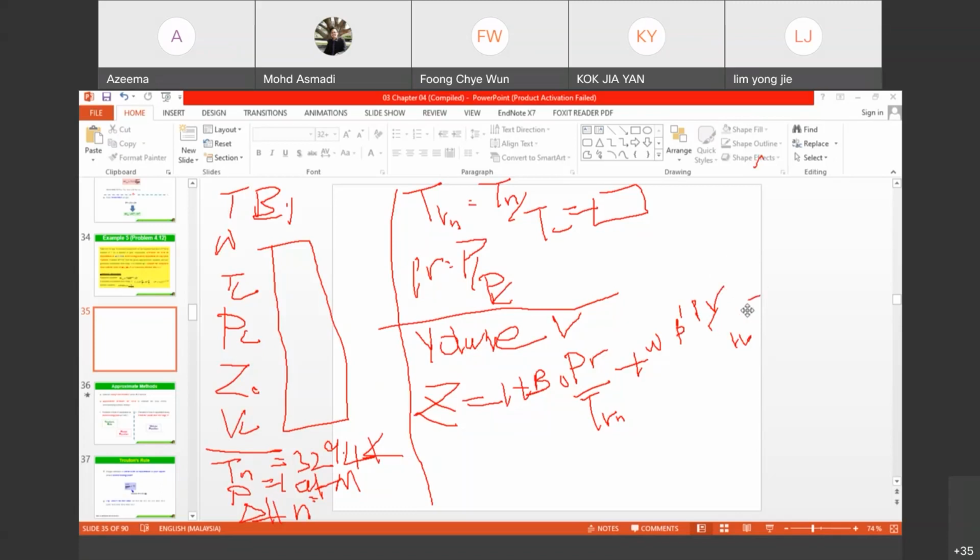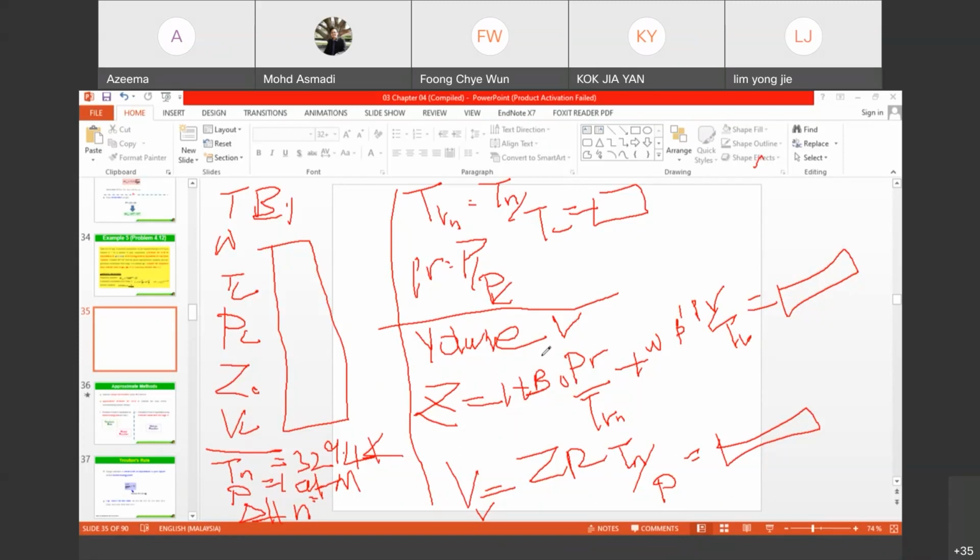Please determine Z. Once you determine Z, V equals Z R T divided by P. So you can get VV, this one is for vapor. So this is the first step: you have to determine vapor volume. Understand?